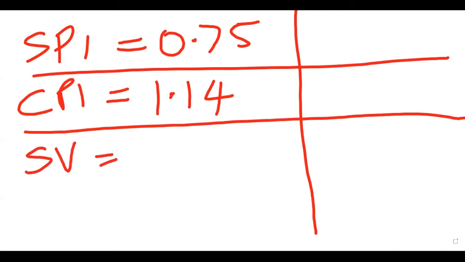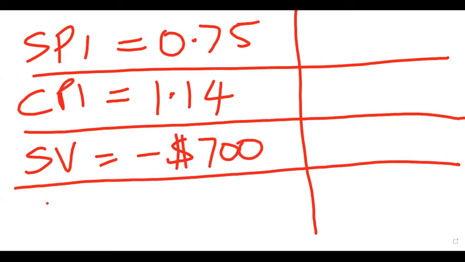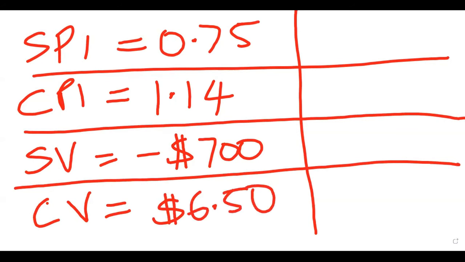If your schedule variance is minus $700, you tell me what that means. And if your cost variance is $6.50, you tell me what that means. All right, if you need more time, hit the pause button, and I'm going to explain these, and we're going to wrap this up. Okay, so this is what it means.